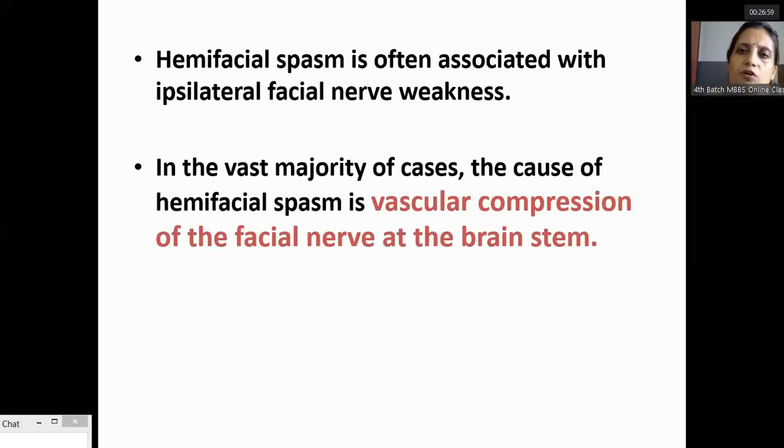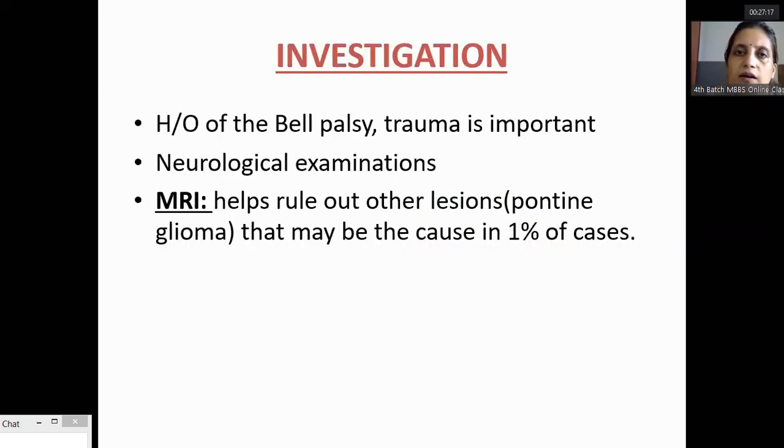Hemifacial spasm is often associated with ipsilateral facial nerve weakness, and in the vast majority of cases the cause is vascular compression of the facial nerve at the brainstem, which is seen on MRI.